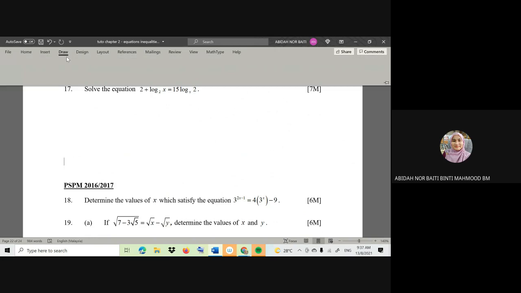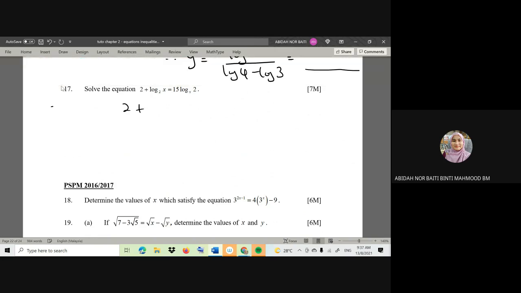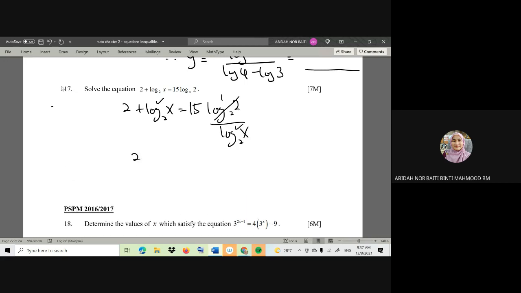Okay, change to base 2. So 2 plus log x base 2 equal 15 log 2 base 2 over log x base 2. So this is the same, so we can make an assumption. Log 2 base 2 is 1. So 2 plus a equal 15 over a.